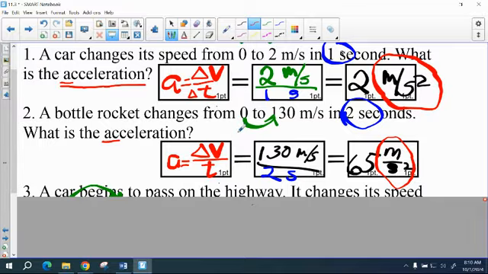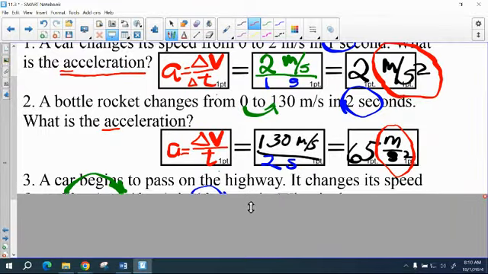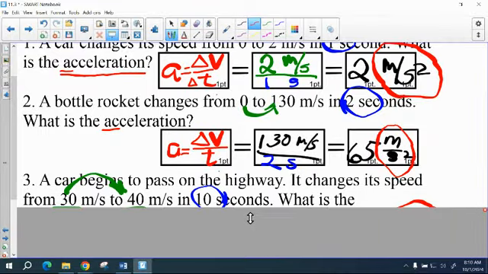We'll do one more. So a car begins to pass on the highway. It changes its speed from 30 to 40 meters per second in 10 seconds. And then it says, what is the acceleration?